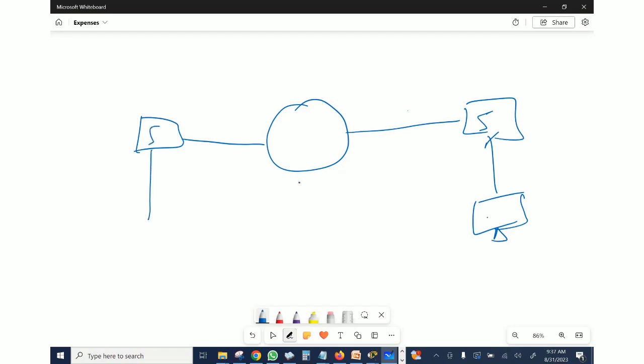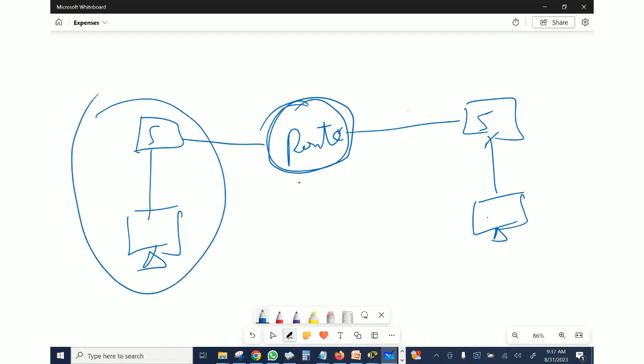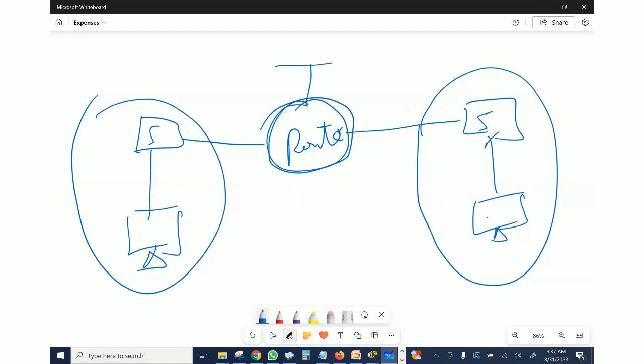This is another switch, you connect your laptop. And this is a router. This router only knows about this connected network. It has no idea of any other network. It is only the directly connected network that it knows about.